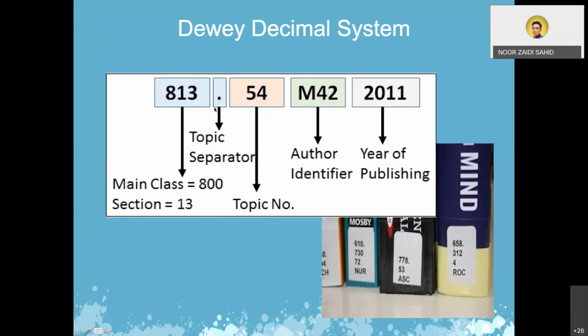813.54. The dot or full stop symbol actually represents the topic separator.